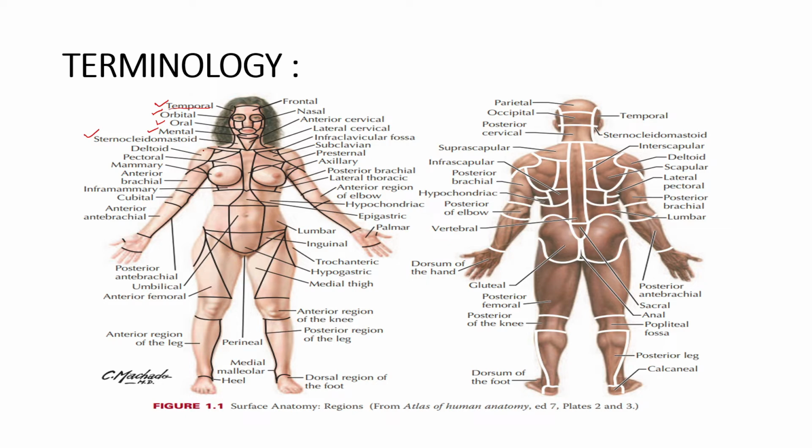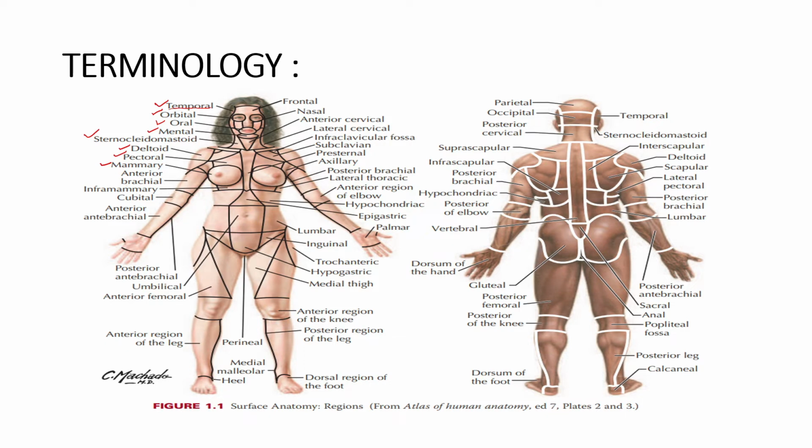We know this particular muscle is called deltoid. After that, the chest portion, just above the breast for female, is called the pectoral region. And after that, mammary. Mammary means, as everybody knows, the breast portion. In biological or medical terms, we say mammary gland.